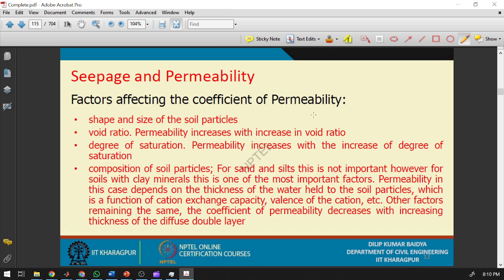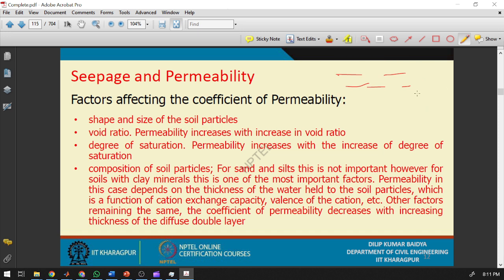Factors affecting coefficient of permeability, we already know: shape and size of the soil particles. Why? Because we saw that you can have flaky particles, granular particles, blocky particles. It's actually not correct that flaky particles will necessarily have low permeability.